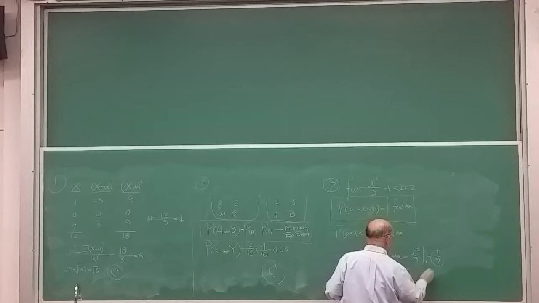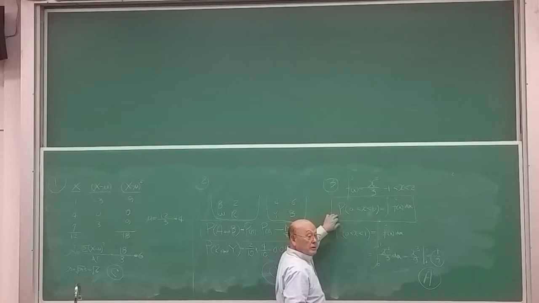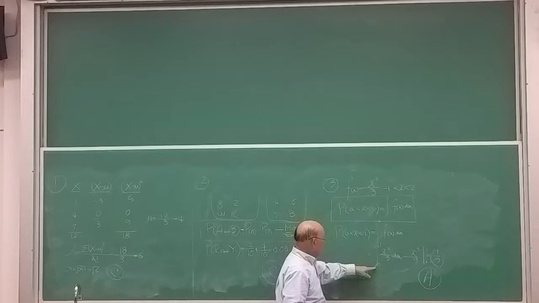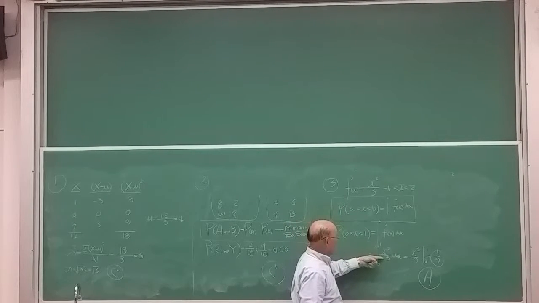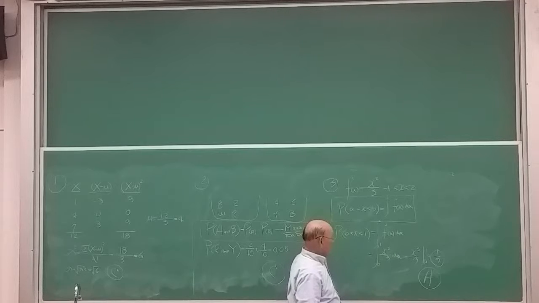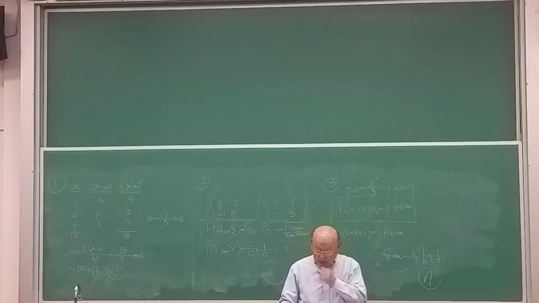I say A is correct. I'm using that from random variables. The limits are 0 to 1, given, so integrate that and get x cubed over 3 times 3 makes 9, and the answer is 1 over 9.